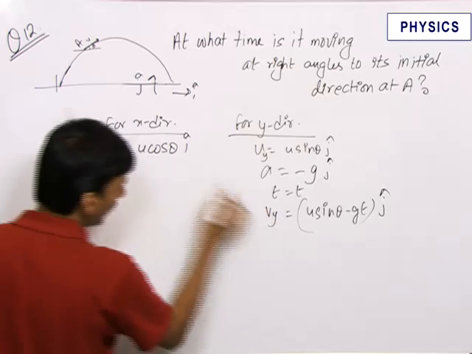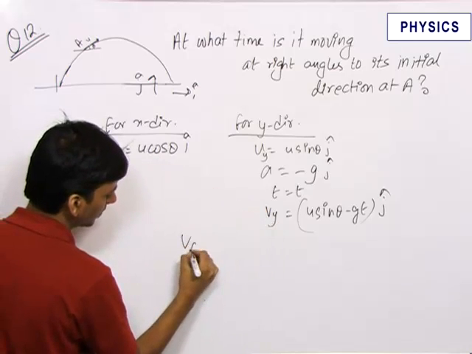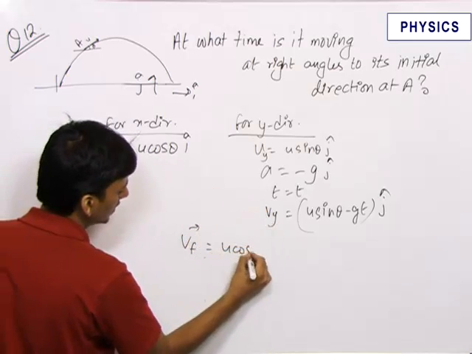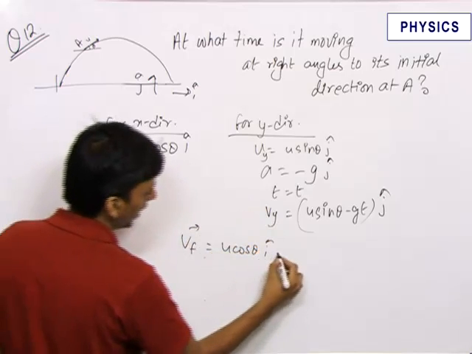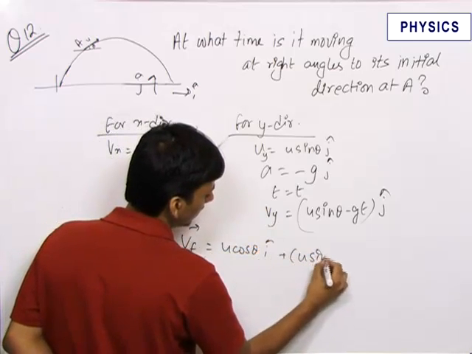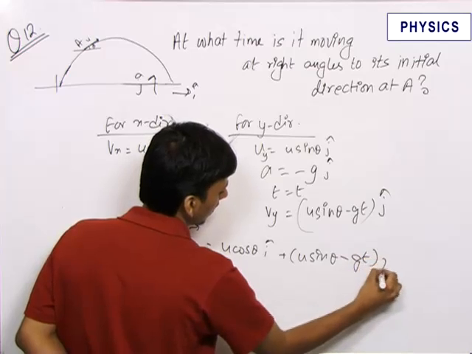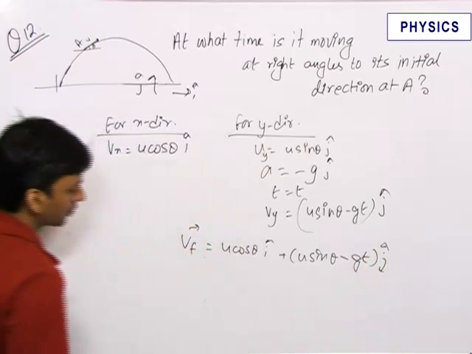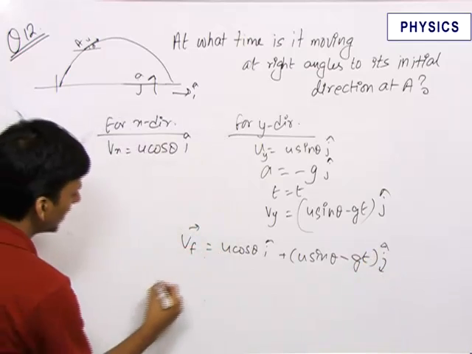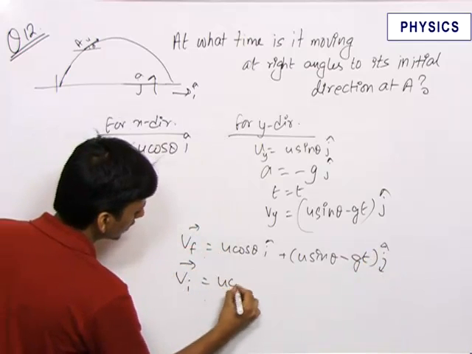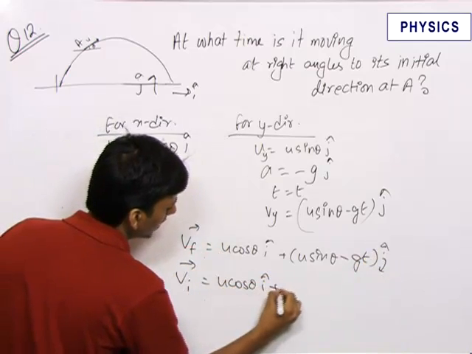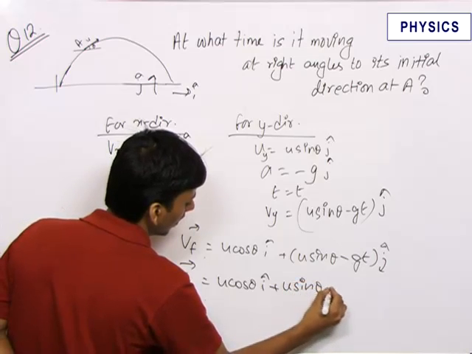So the total final velocity vector including the two components becomes u cos theta i cap plus u sin theta minus gt j cap.